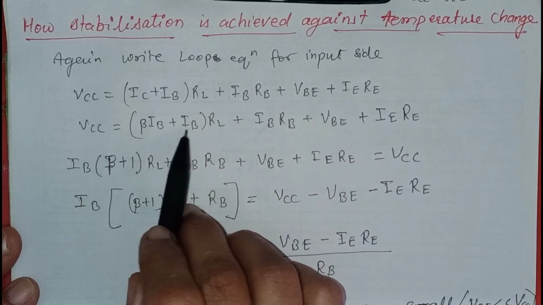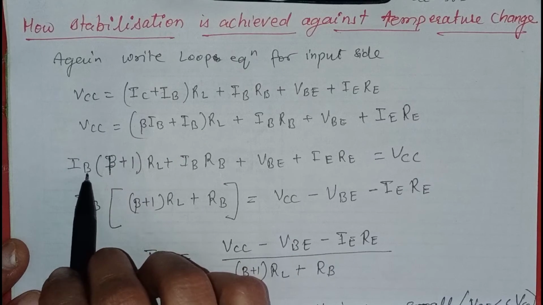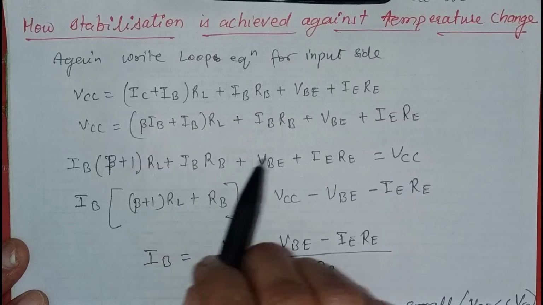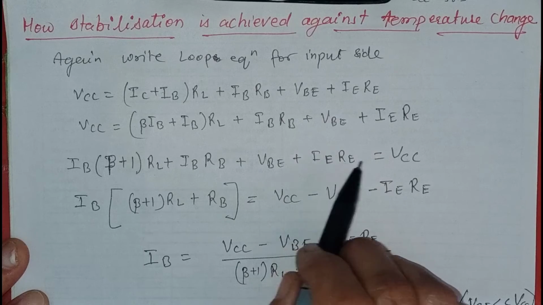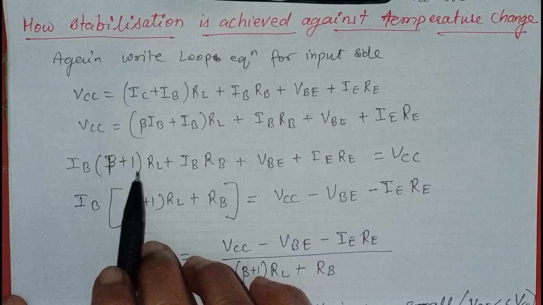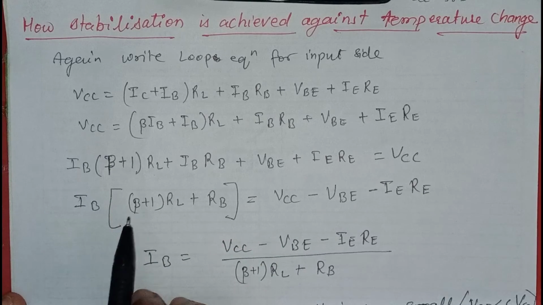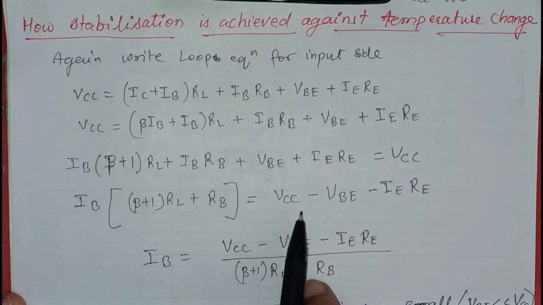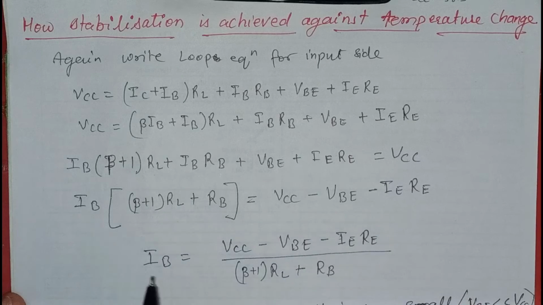Now we will take IB common in this term. So the equation is IB beta plus 1 RL plus IB RB plus VBE plus IE into RE equals to VCC. We will take IB common from this term and this term. So IB into in brackets beta plus 1 RL plus RB equals to VCC minus VBE minus IE into RE.